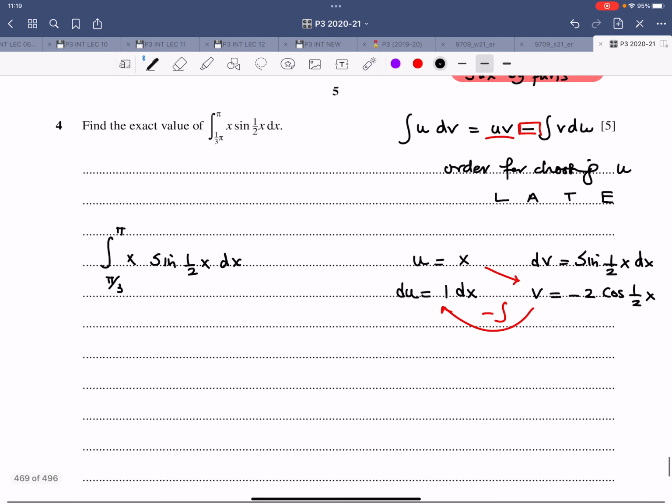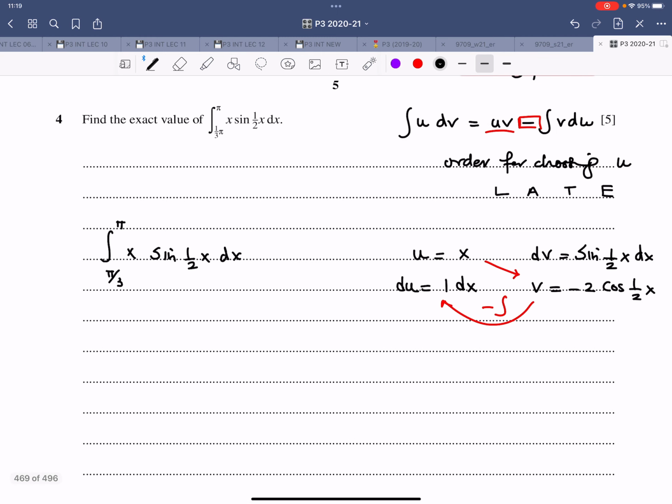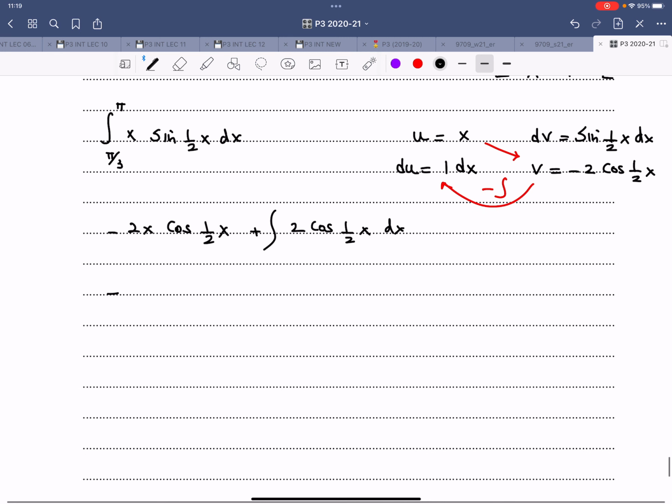So therefore this is minus 2x cosine half x. Minus minus becomes a plus, that is 2 cosine half x dx with an integral sign. Minus 2x cosine of half x, and division by half is multiplication by 2, and the integral of cosine is positive, that is 4 sine half x between the limits pi by 3 and pi.